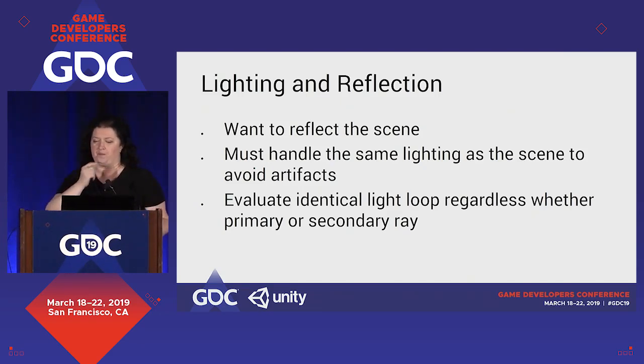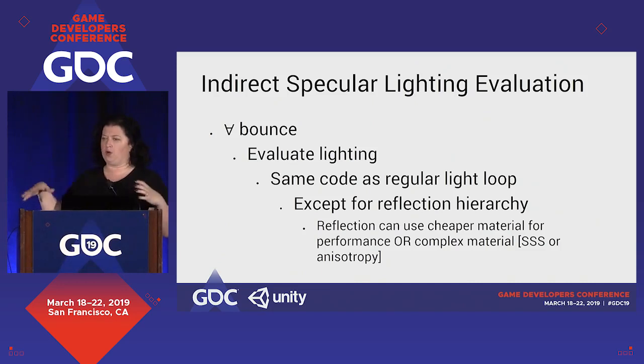And so we need to ensure that we also evaluate the same identical light loop, and I'll touch on that in a second, regardless of whether we're doing the primary, this is our material lighting evaluation, or we're doing secondary, this is our reflection accumulation, for example. And so for indirect specular, for every bounce, we evaluate lighting, and we reuse the same code as the actual regular light loop, except for the reflection hierarchy.